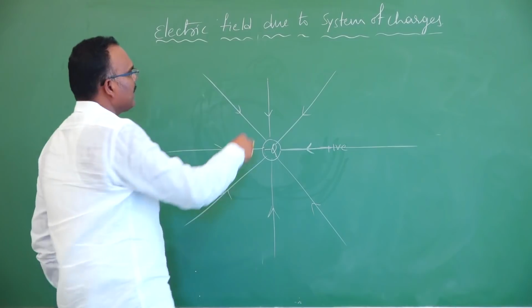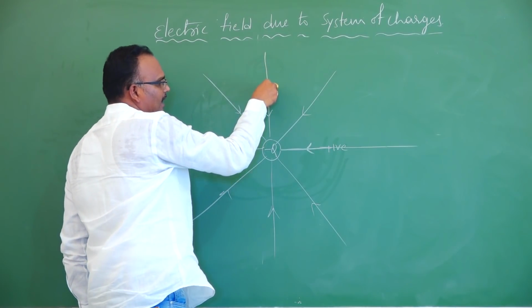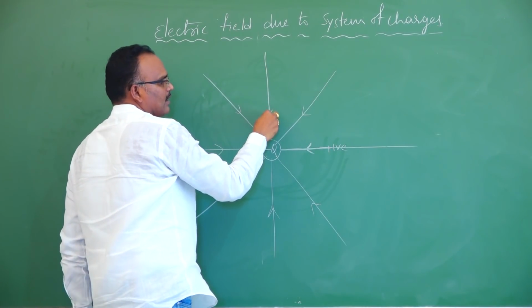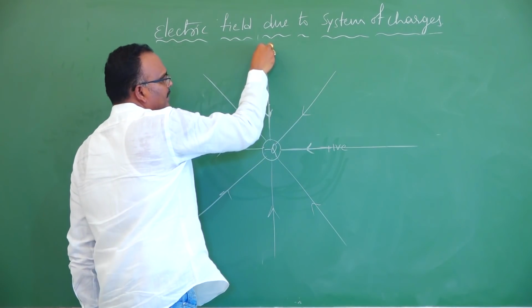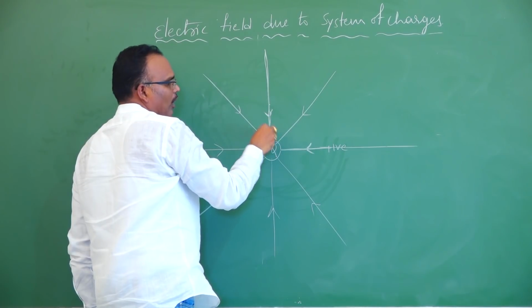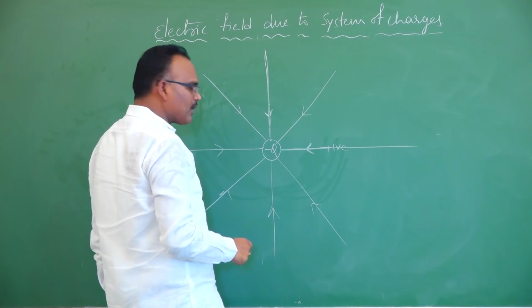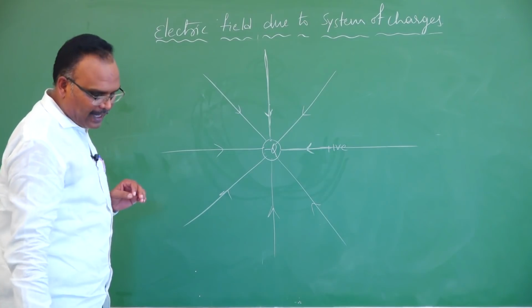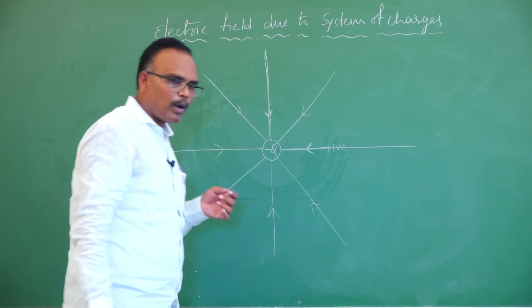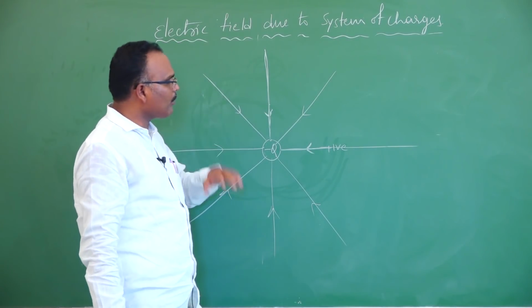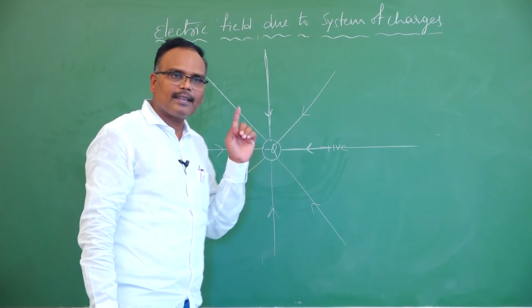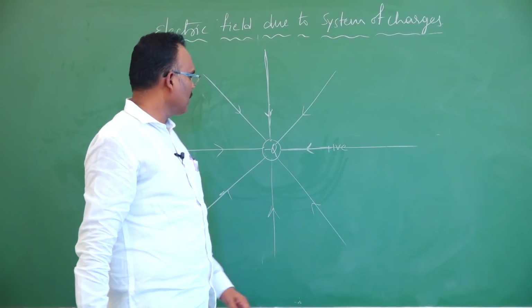Okay, so that means we can say electric field line ends on negative charge, because this is its destiny. After seeing these two electric field diagrams, we can say one simple property for electric field line is that electric field line starts on positive charge and ends on negative charge.